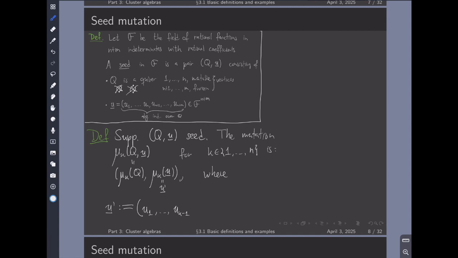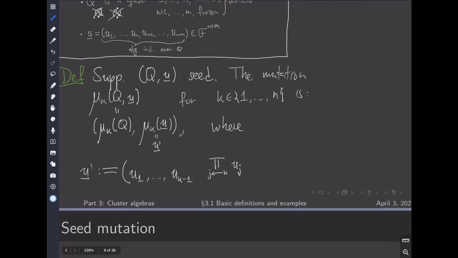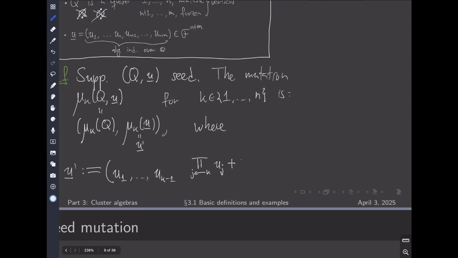And here it's the product over the arrows going out of k of uj, plus the product over the arrows coming into k of uj, and then this divided by uk.